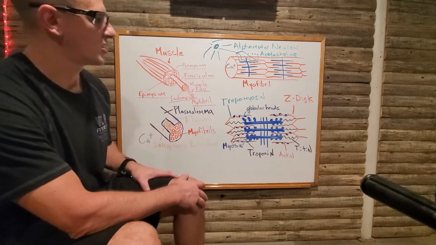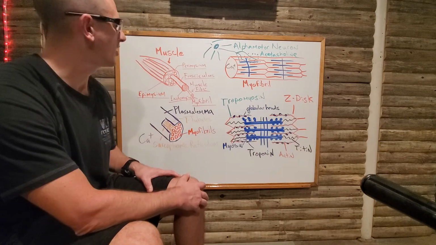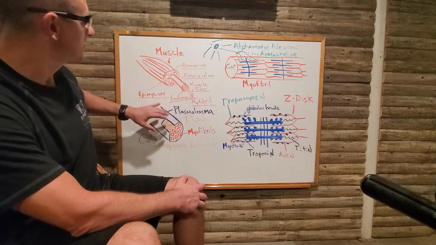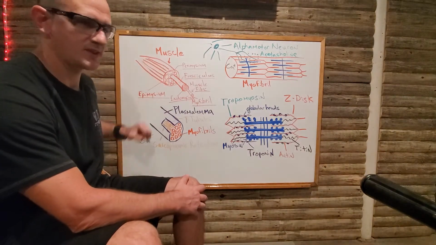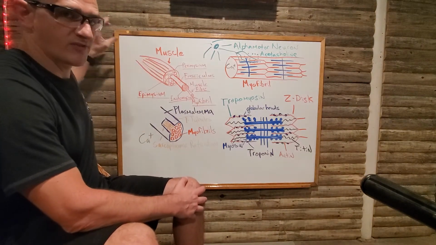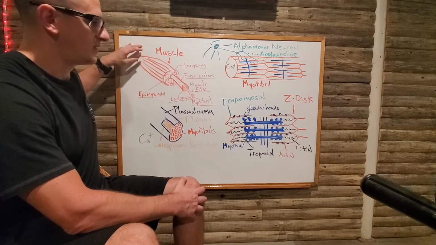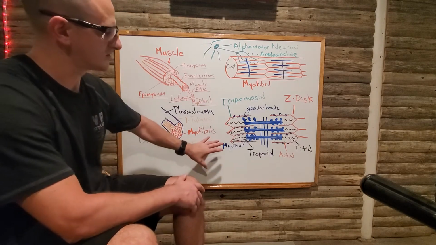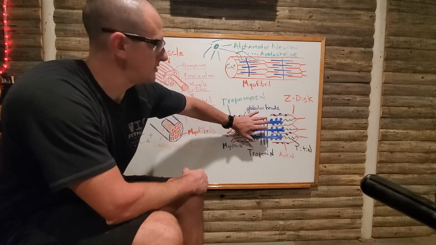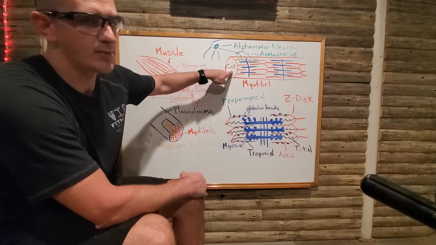Obviously, from this drawing, you can see it can get very complex, because even in here, there's a bunch of different layers of connective tissue that holds all our muscle together. And then if we went even further back, we'd have tendons and bone and all that kind of stuff. But we're really only concerned with the action of a single myofibril.